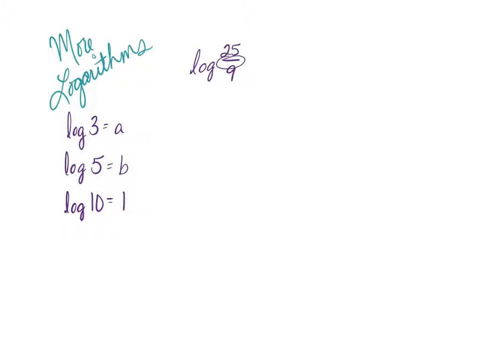So that's going to turn into log of 25 minus log of 9. And I know that 25 can be arrived at with 5 squared. So that's going to be log of 5 squared minus, and then 9 is 3 squared.